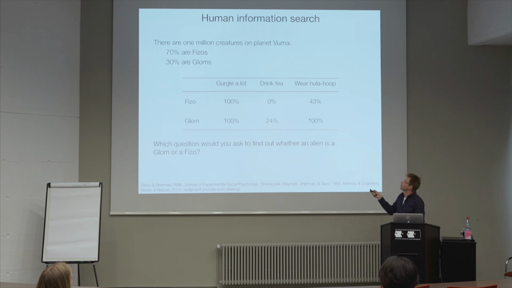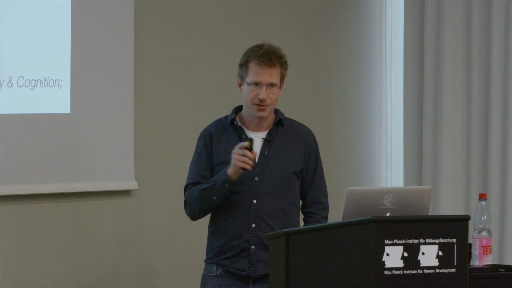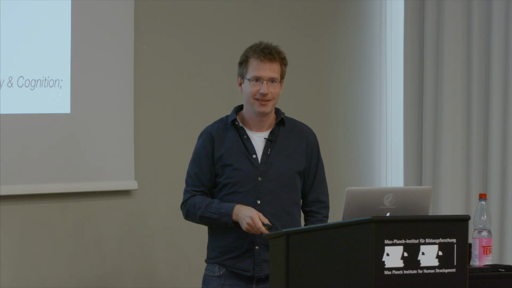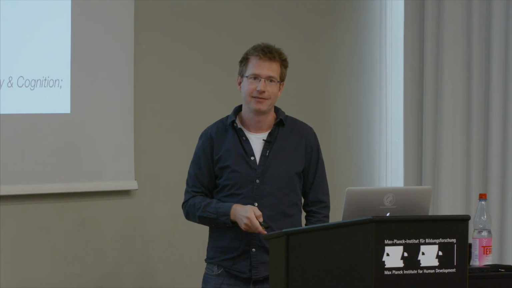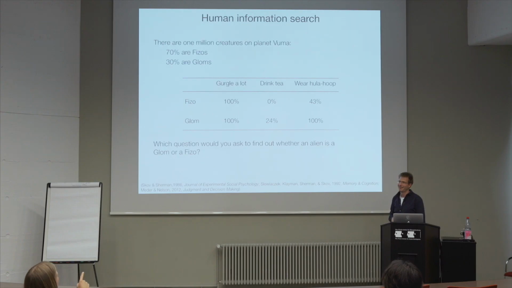Well, not necessarily, it depends on whether it wears a hula hoop. But tea is 100% diagnostic, so if I know it drinks tea, it must be a Glom. It's not 100% diagnostic, but I'll come back to that. I'd still stick with the tea thing, because 24 is lower than 43, so the probability that I do get a diagnostic answer is higher.